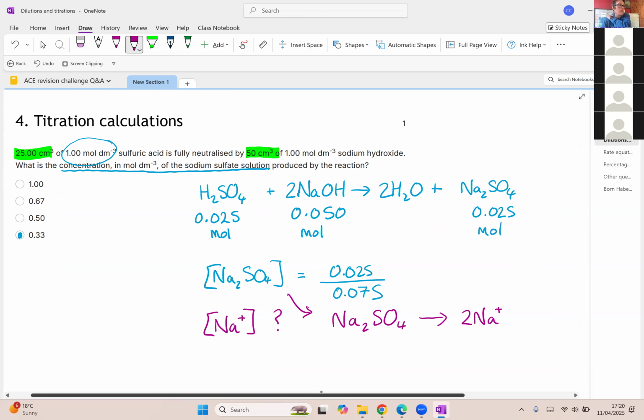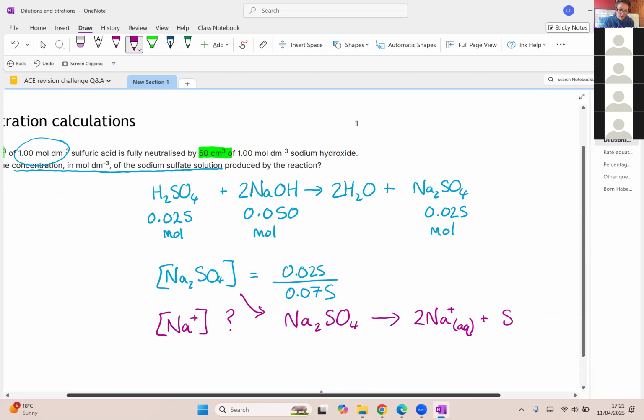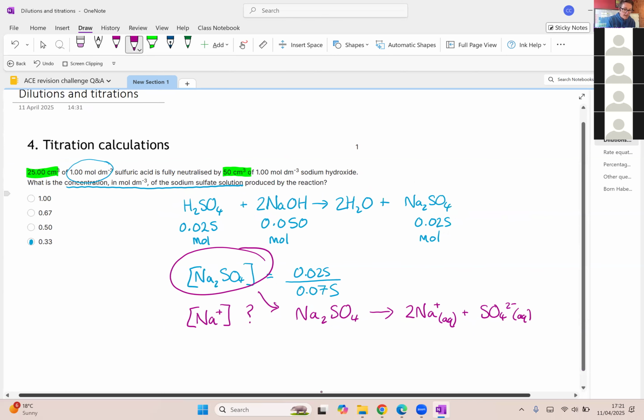When you're in year 13, you do a lot of this breaking up of ions because you do it for Born-Haber cycles and dissolving. This is what you're going to get, right? SO4 2 minus. So we haven't changed anything about the concentration of this, it is 0.33.